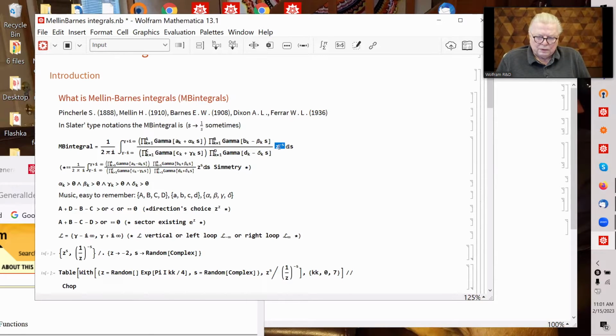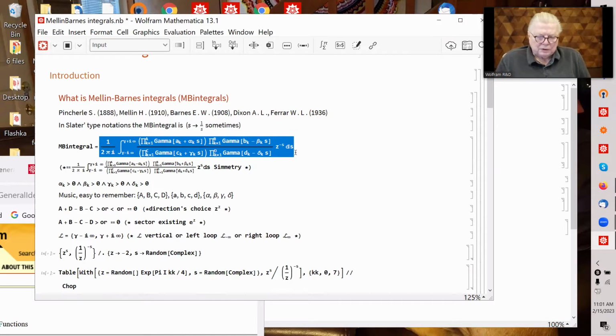Also we have z to the degree minus s. This compact form is very often used for definition.